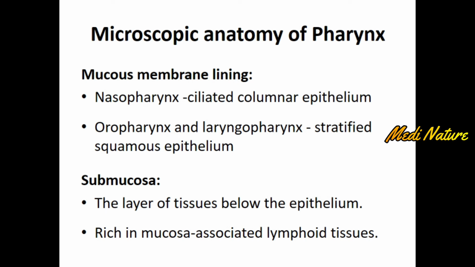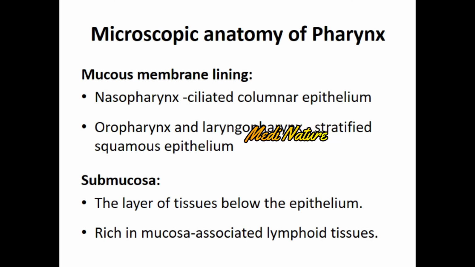Let's see the microscopic anatomy of the pharynx. First, the mucous membrane lining, or the epithelium. There is a difference in the nasopharynx and the other two parts of the pharynx. The nasopharynx is lined with ciliated columnar epithelium, while the oropharynx and laryngopharynx are lined with stratified squamous epithelium.